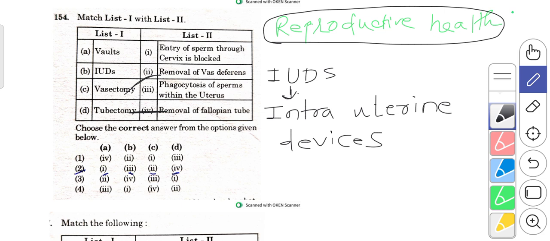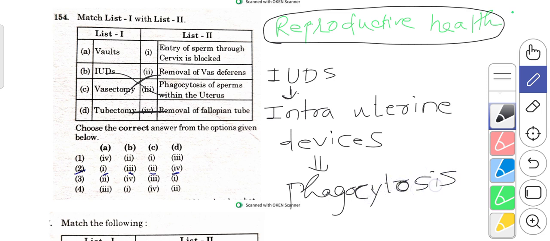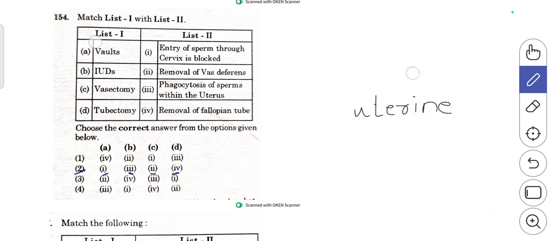In order to kill the sperms within the uterus, so they will directly phagocytose the sperms. So for IUDs, the third option. Then walls, that is, entry of sperm through the cervix is blocked. So hence the correct answer for this one is the second answer. So next one.